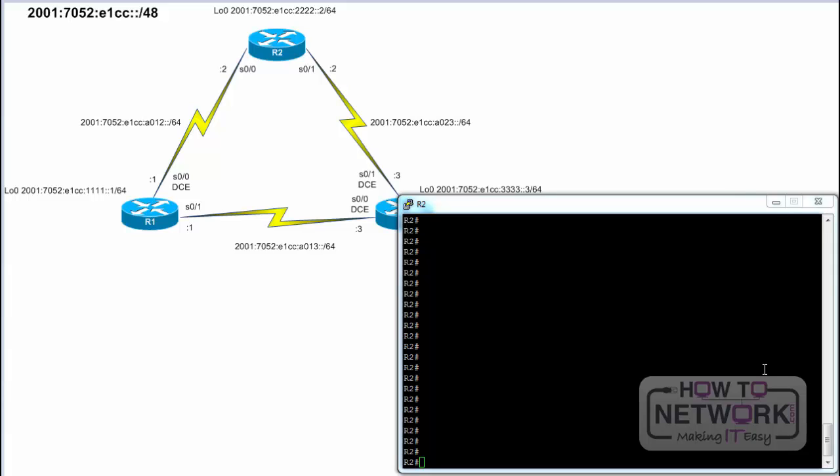Now we will configure the serial 0/0 interface on both R1 and R2 with the appropriate IPv6 address and the prefix length /64. Configure terminal. IPv6 unicast-routing. Interface serial 0/0.